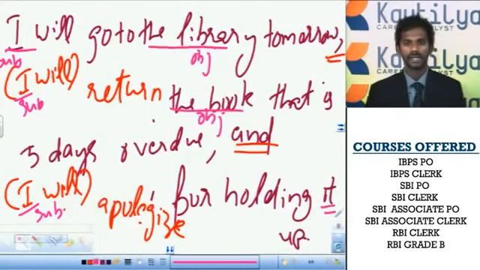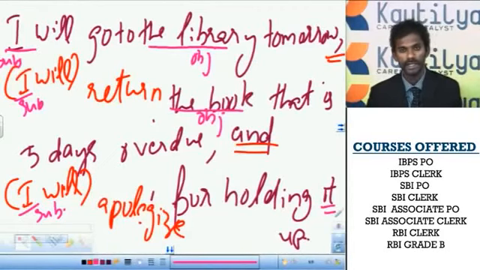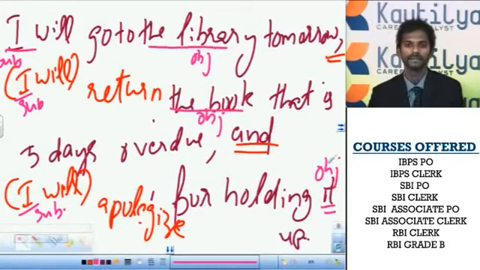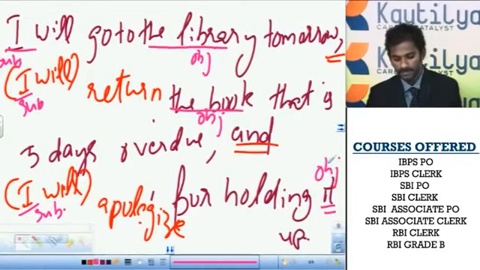I told you subject and object can only be nouns or pronouns. It is a pronoun referring to the book, right? For holding it up, that means of holding the book up. So it is the object here, and the predicate is will apologize for holding it up. Clear? So now all the three ideas are clauses, and in all the three ideas, tense consistency is fine.